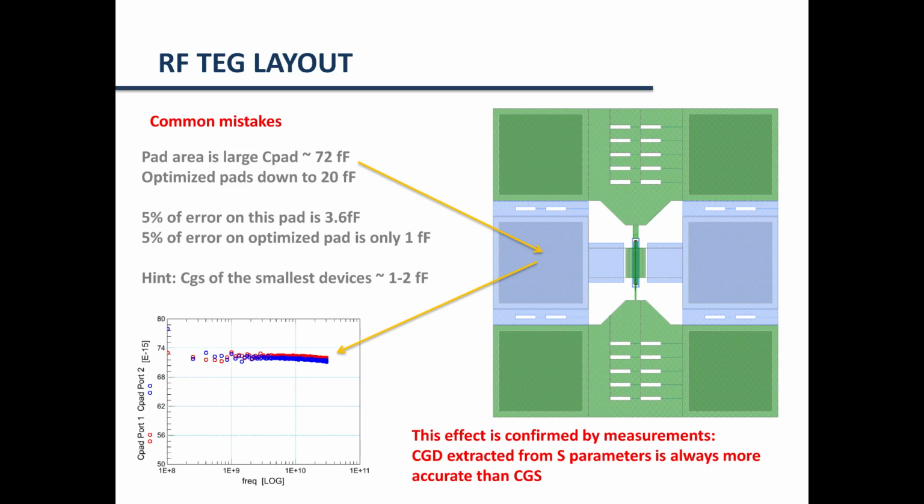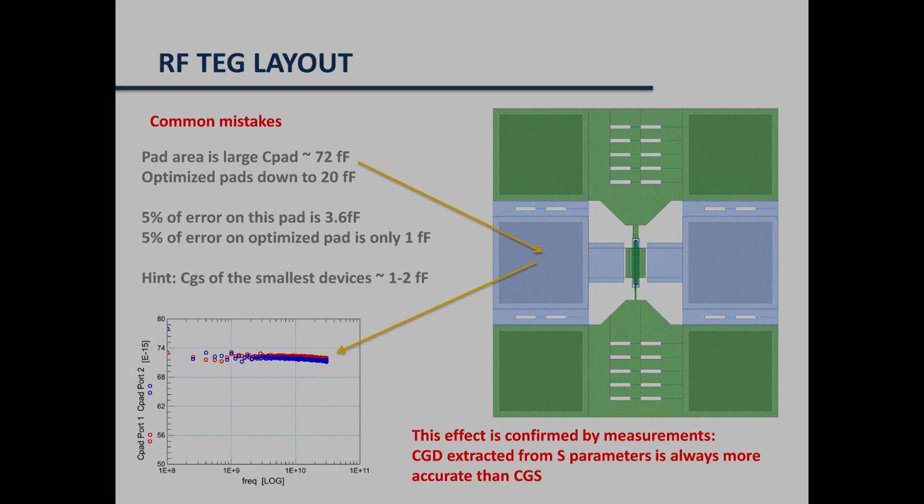This can look like a small difference, but actually a small error in the measurement of this pad can lead to a large error in the measured capacitance of the intrinsic device, especially when measuring CGS as low as 1 or 2 femtofarads. This effect is usually confirmed by measurements. For instance, when you extract the CGD capacitance from S parameters between port 1 and port 2, it's always more accurate than when you extract CGS capacitance between port 1 and the ground.